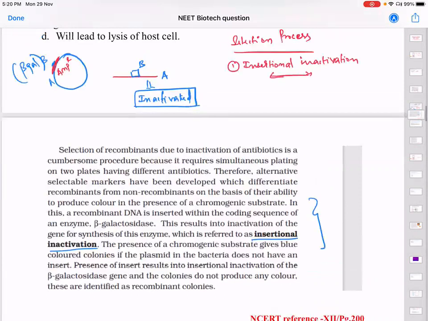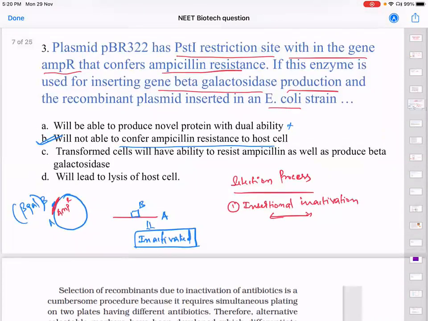Okay, and I think I forgot a point. See here it has a PstI site. This PstI is nothing but a restriction site for a restriction enzyme. I believe you all know what restriction enzymes are. Restriction enzymes are nothing but endonucleases which break the internal phosphodiester bond at a particular sequence. So an endonuclease whose activity is restricted is a restriction endonuclease.